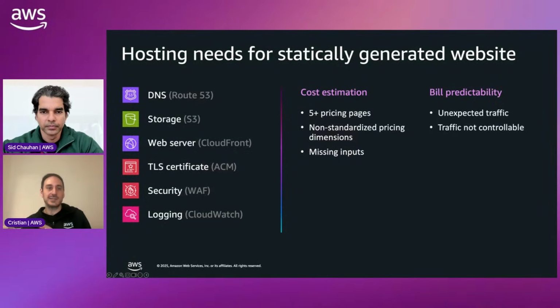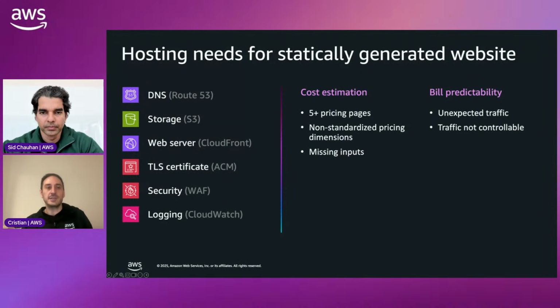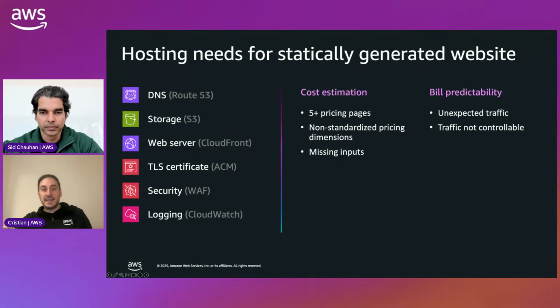How much does it cost to serve 100,000 requests on a storage basis, or for the web server, or for security? And a lot of those questions don't even make sense, like DNS or storage, but you can't just take that simple request dimension and just map it uniformly to get a cost estimate. You really have to go into each of these different pricing pages and go into the different pricing dimensions and estimate your different costs.